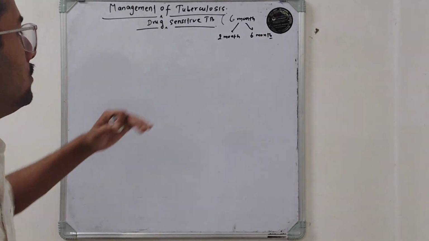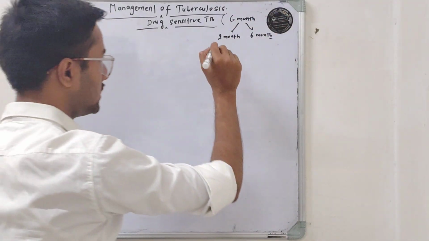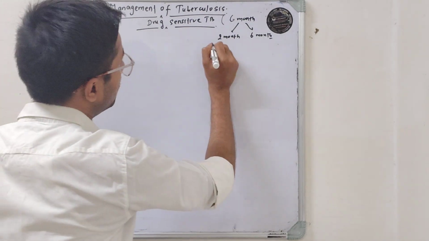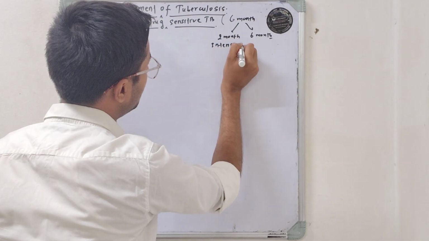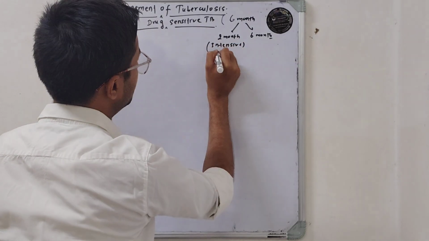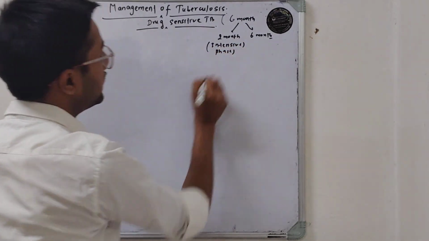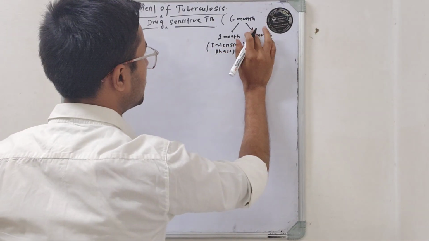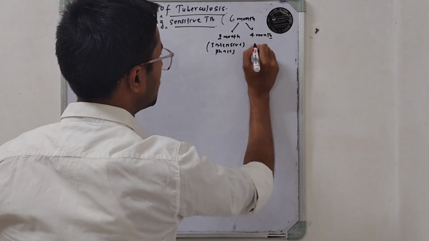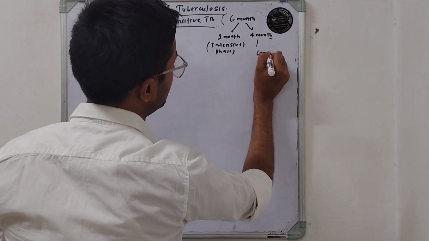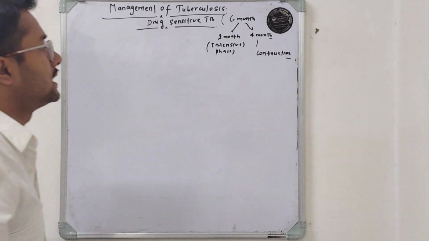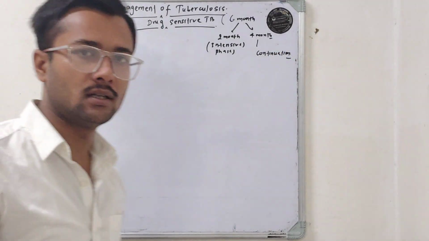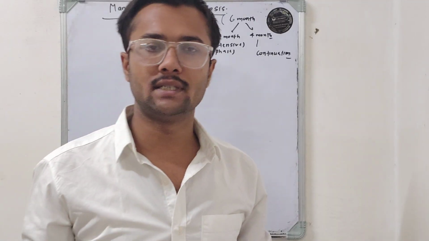The initial 2 months of the treatment is called the intensive phase, and the later 4 months is called the continuation phase. So why do we call the initial 2 months the intensive phase?